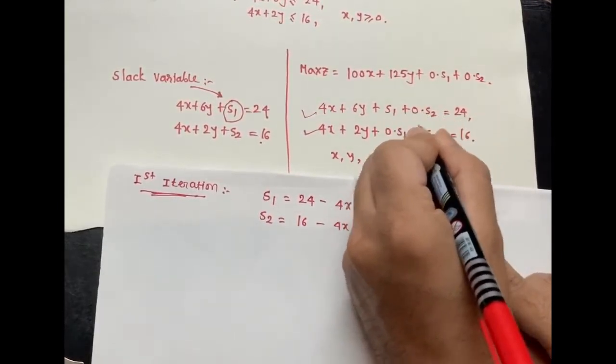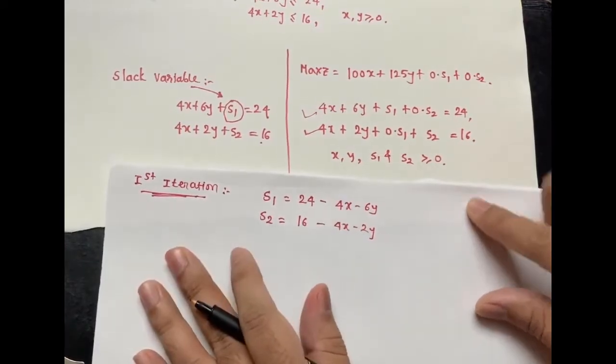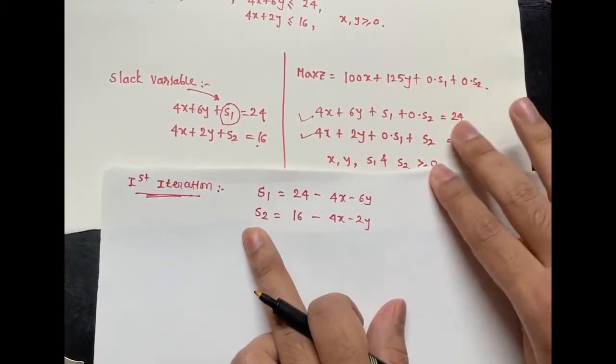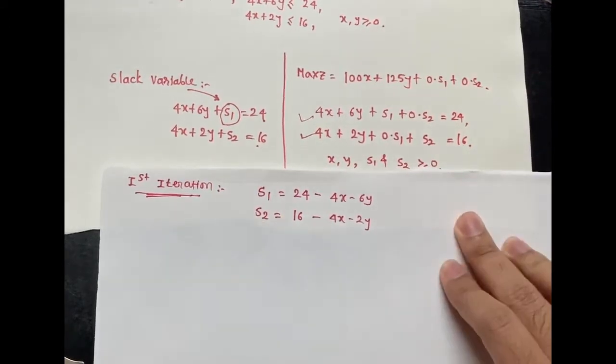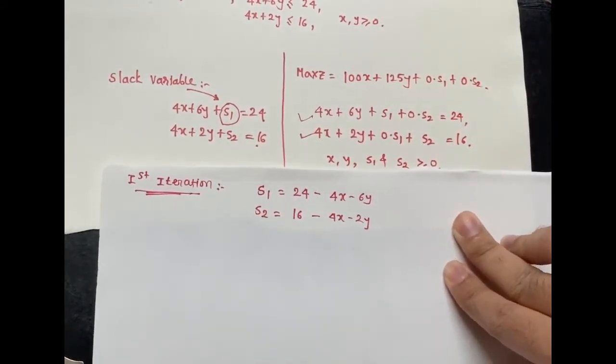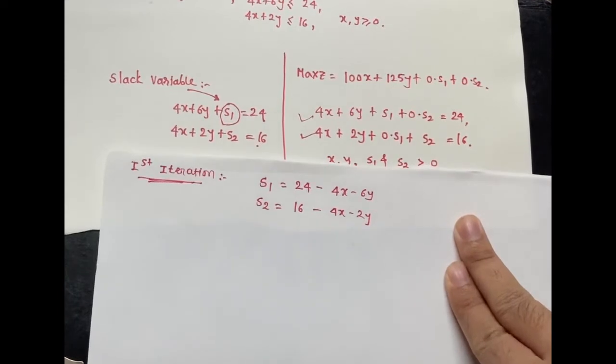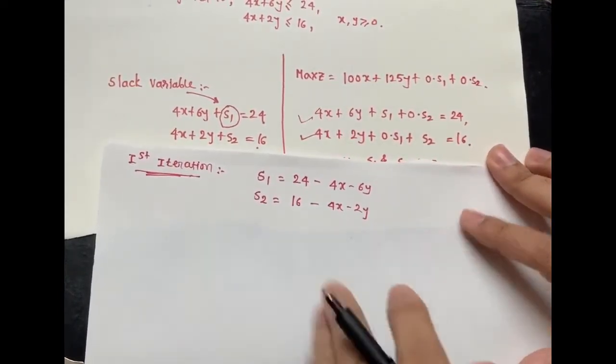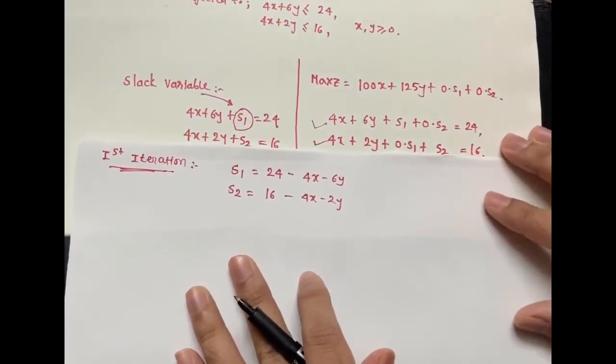Here I am ignoring s1 and s2 as they have a 0 coefficient. So I have rewritten my equations in the form of my slack variables. Now here come another two terminologies.